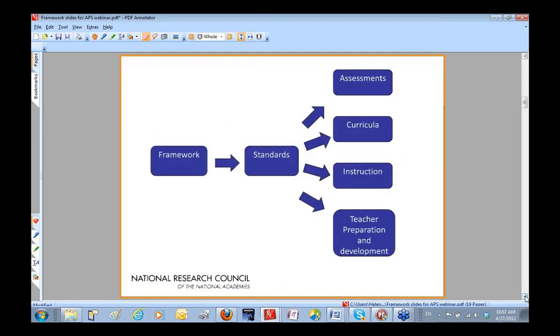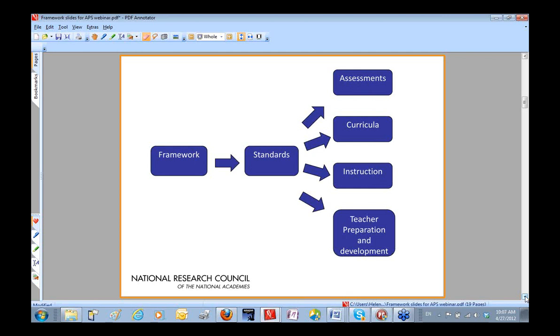Of course, a framework and standards is not what happens in the classroom. What happens in the classroom is teaching and learning based on the curriculum materials, the instruction that the teacher delivers, the preparation and experience that the teachers have, and the assessments that are being used to judge how students are progressing.